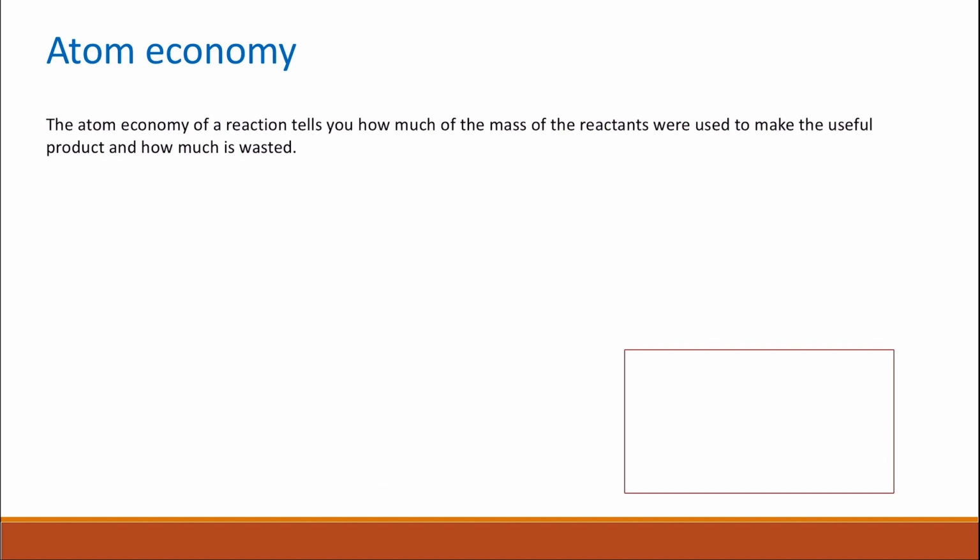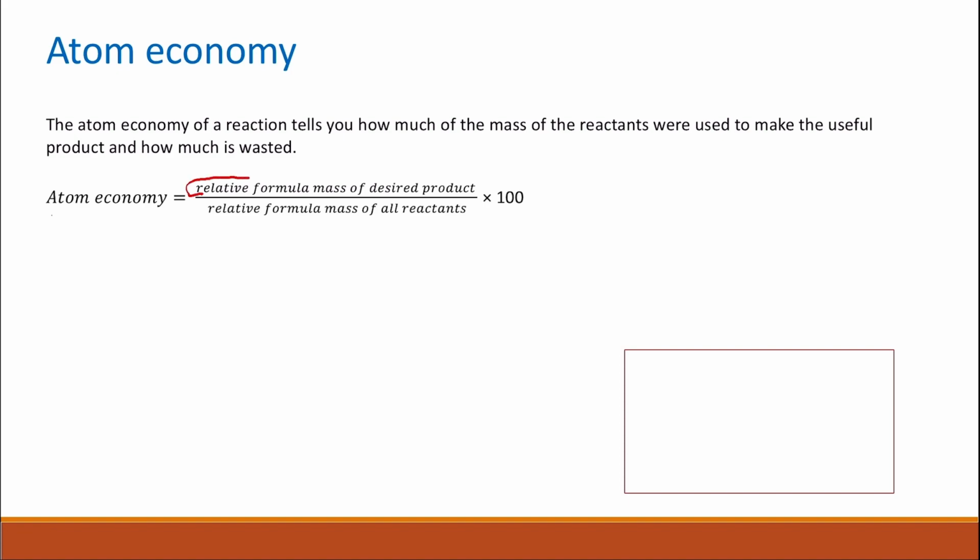The atom economy of a reaction tells you how much of the mass of the reactants was used to make the useful product and how much was actually waste. To calculate the atom economy, we need to find the relative formula mass of the desired product.